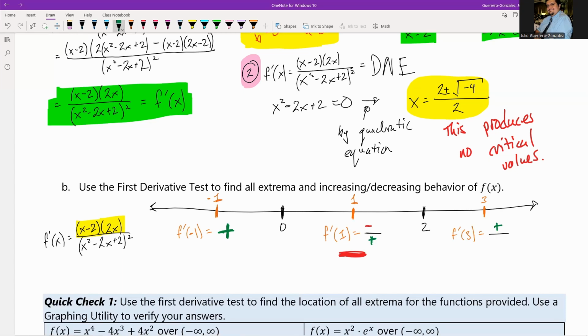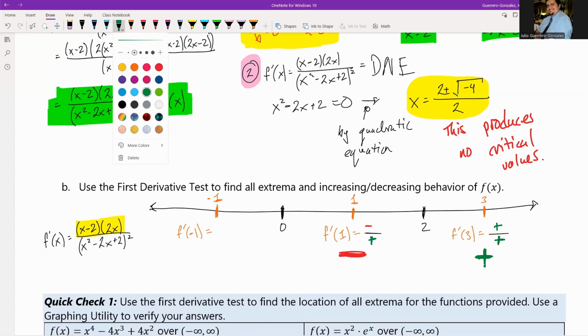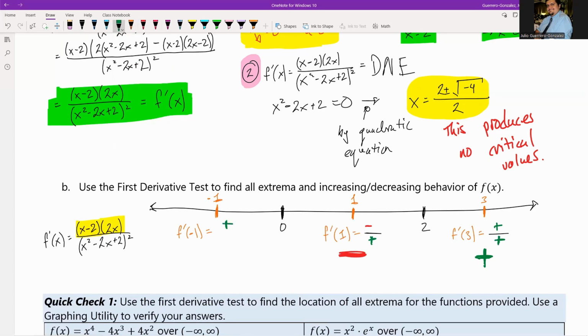So we have a positive divided by a positive, and that gave us a positive. All right, so we have everything we need, okay?